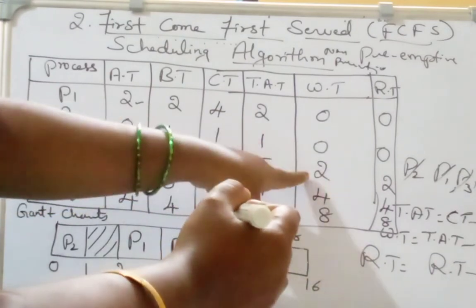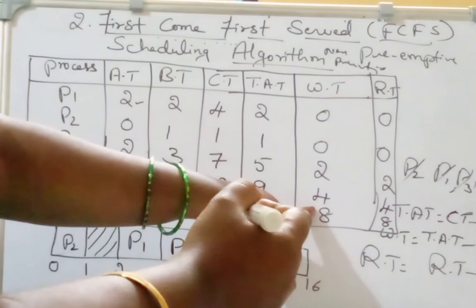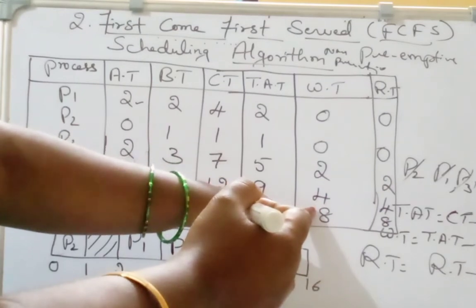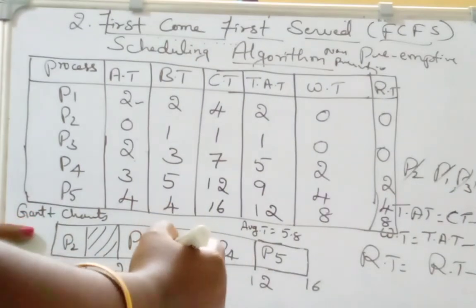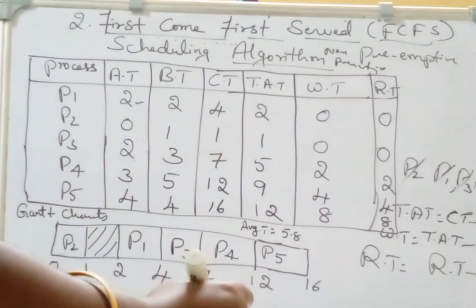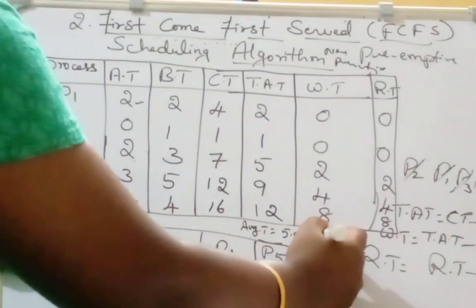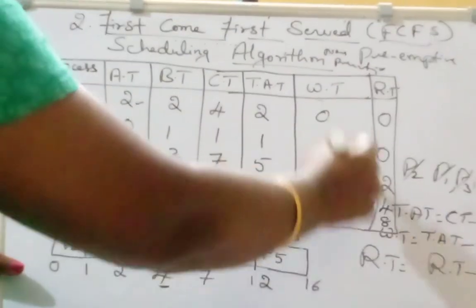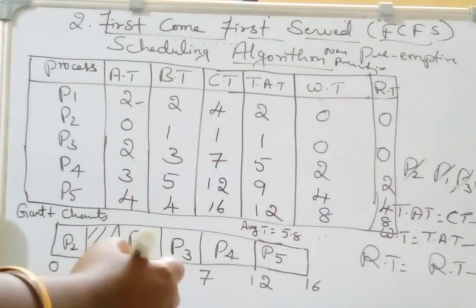That is 2 plus 4, 6, 6 plus 8, that is 14, divided by 5, so it might be around 2.8. So calculate the average as the total waiting time divided by the number of processes. Hope you understood this.